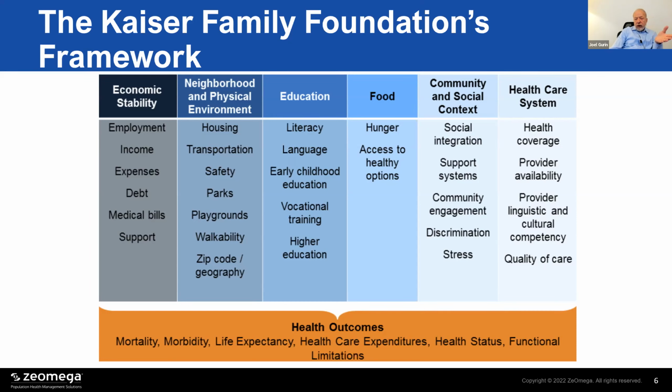I know we're going to talk about this more, but everything related to hunger and food insecurity is a huge problem and a huge determinant. We're seeing under the community sector discrimination and stress, certainly related to some of the racial disparities that we have seen in COVID, particularly in the early days, and that we see with so many kinds of diseases.